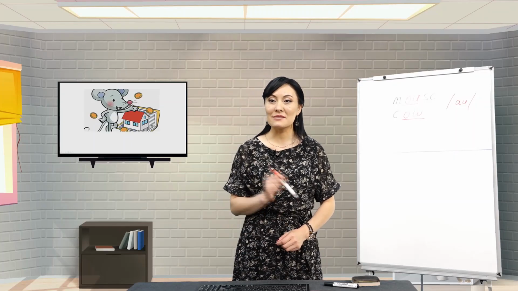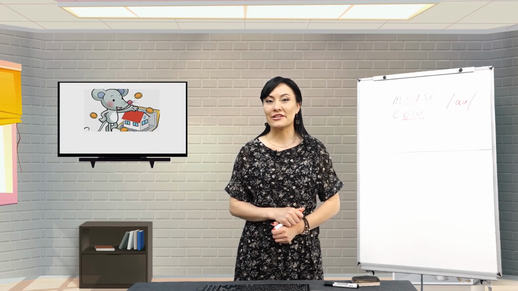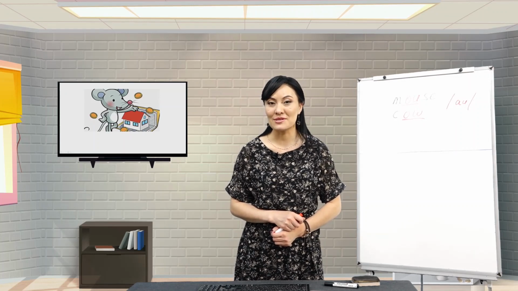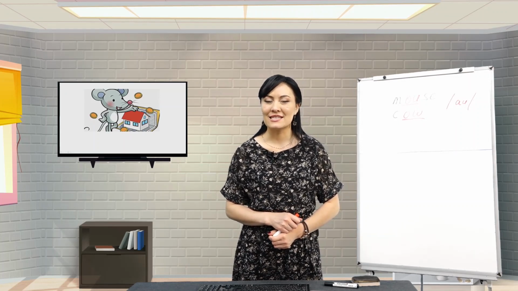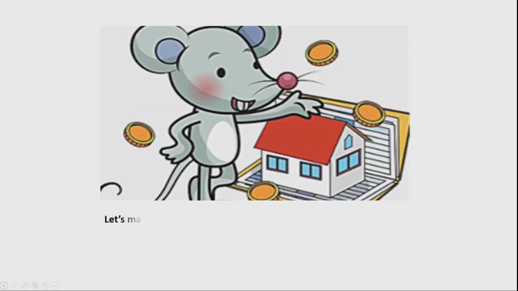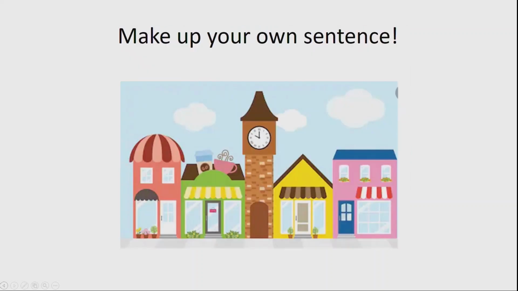Now, look at the picture. What do you see there? Yes, it's a mouse and it's a house. Try to make a sentence. A mouse has a house. Now look at the other pictures and make up your own sentence. Okay, what ideas do you have? Good.